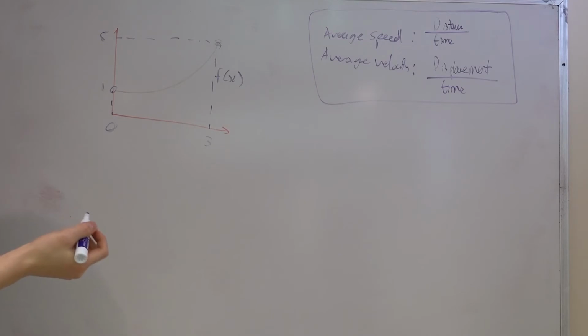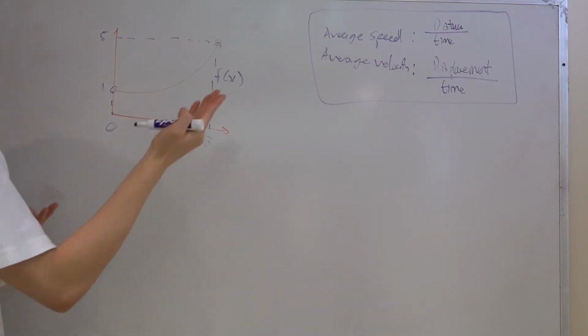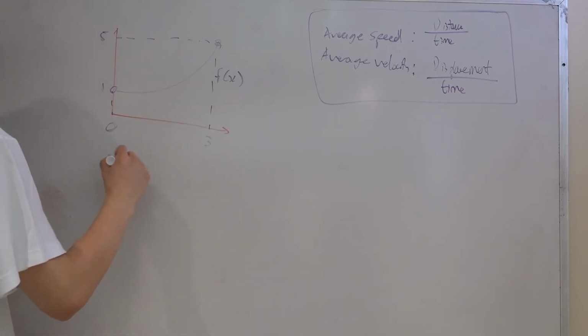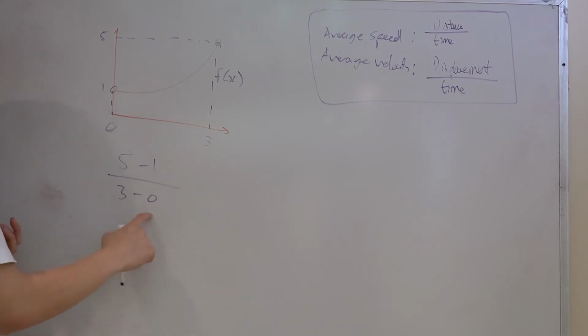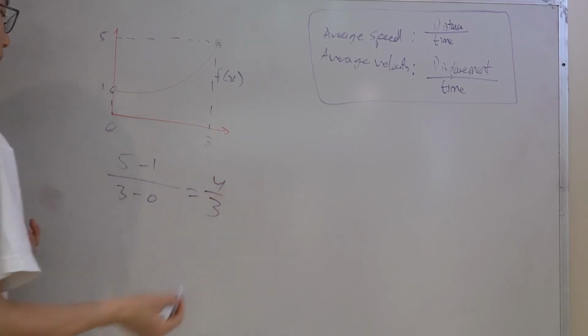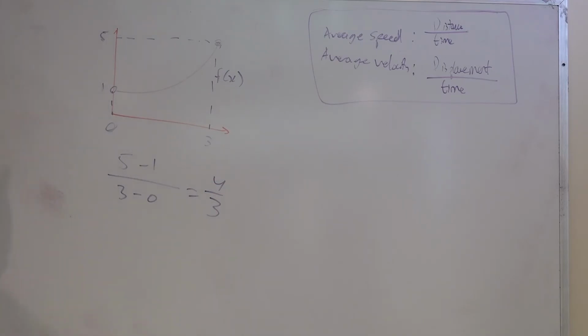Then we would calculate our average velocity as 5 minus 1 over 3 minus 0, which is equal to 4 over 3. Thus our average velocity, displacement over time, was 4 over 3. No units, because right now we're dealing purely with math, no physics.